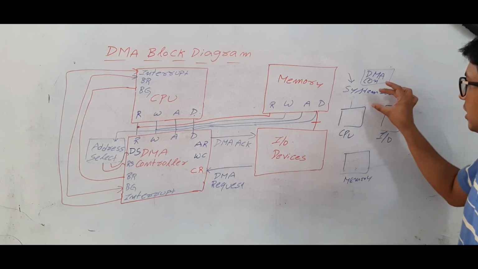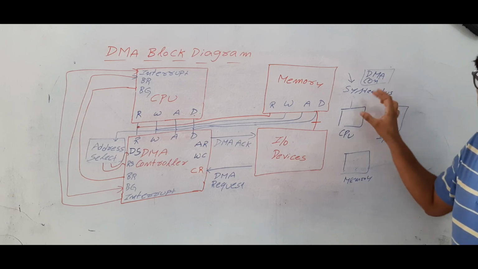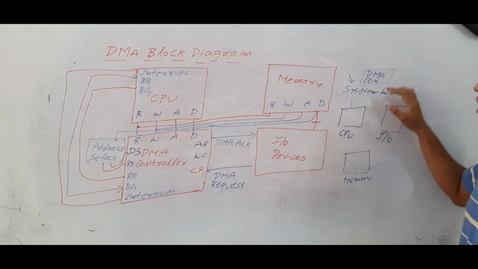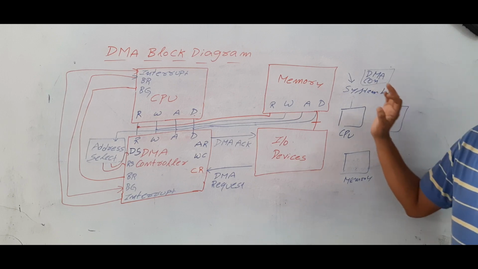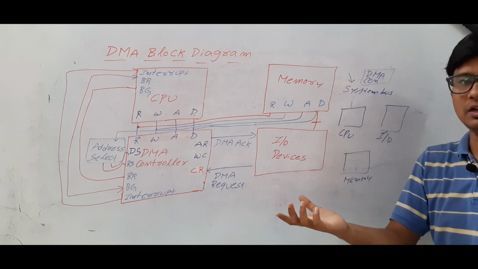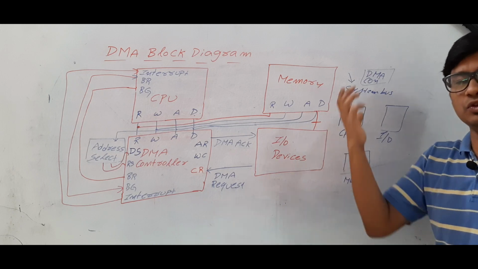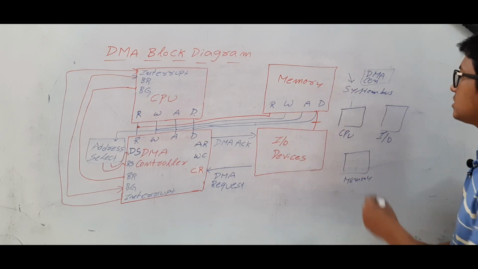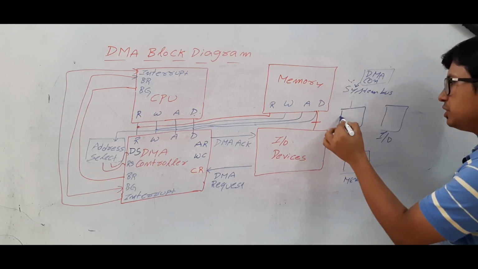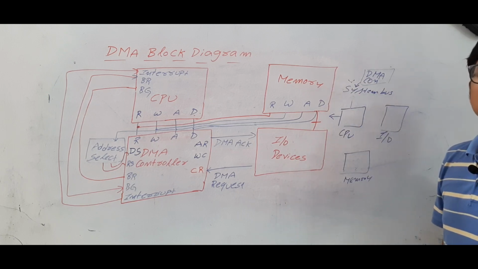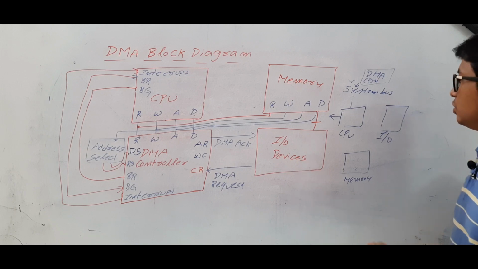As you know, the system bus is under the control of the CPU, so the DMA controller will request the system bus. Whenever the CPU grants the bus to the DMA controller, the system bus is under the control of DMA. Then the CPU is free to do other instructions. Then what will the DMA controller do?